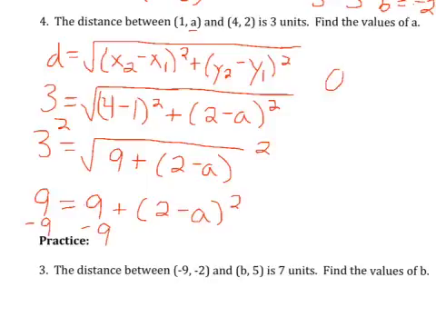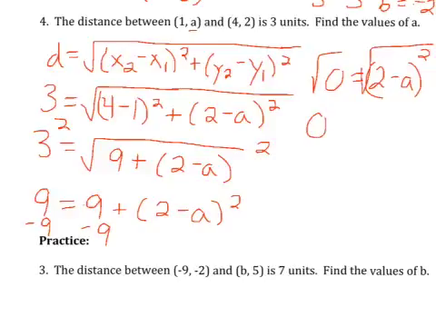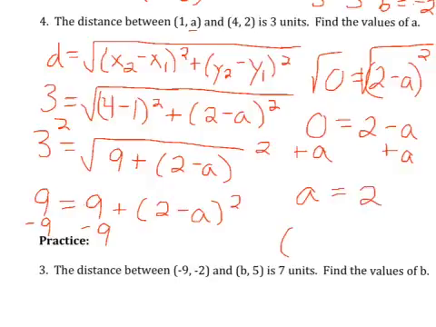So we get 0 equals (2 minus a) squared. Here we're lucky because when we take the square root of 0, we only get one answer. It's 0. And then I'm going to add the a to the other side. So a equals 2.